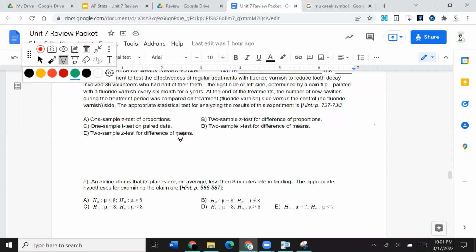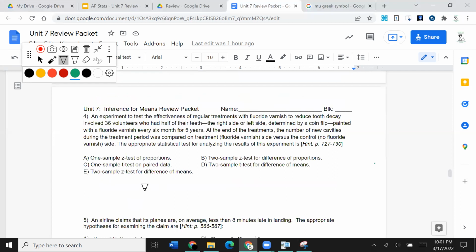The appropriate statistical test for analyzing the results of this experiment is, well, we're talking about the number of new cavities. So a number that's going to be talking about means, not proportions. So this is going to be a T. And we're talking about the appropriate statistical test.